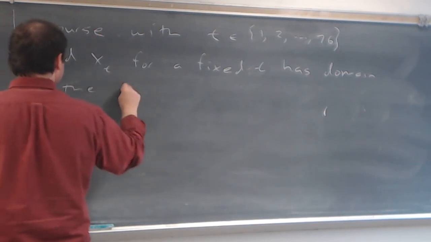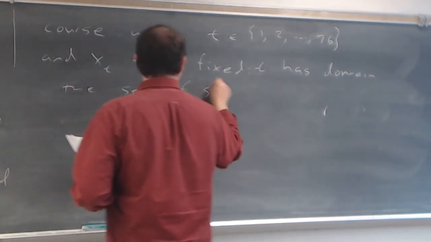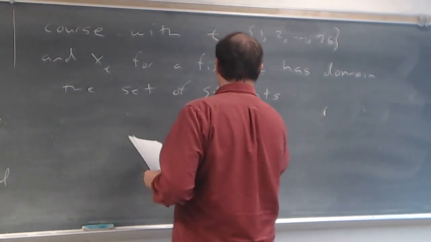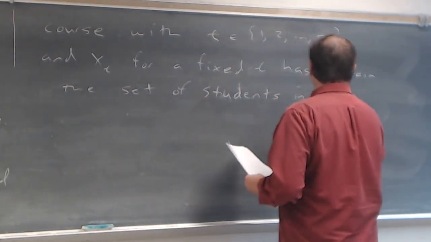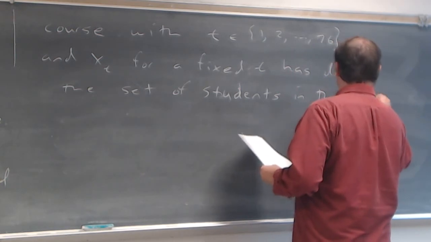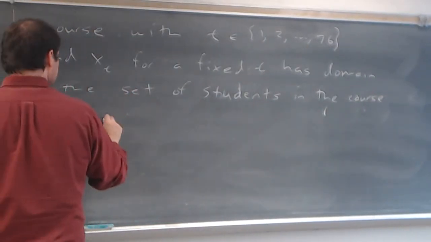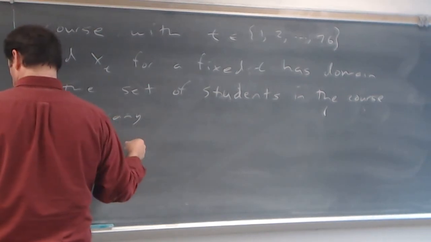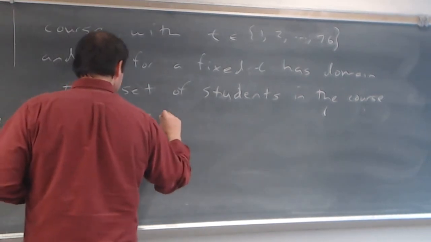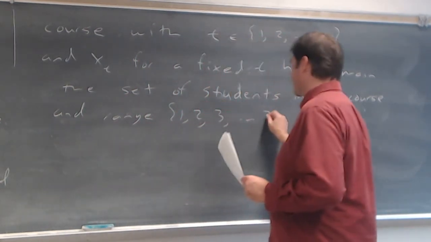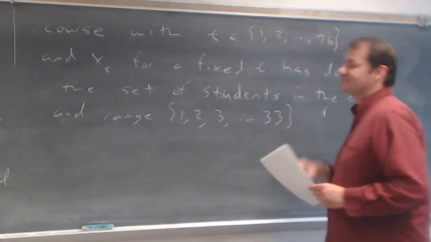the set of students in the course, and range let's say 1, 2, 3, up to 33, which are the number of videos for the course.